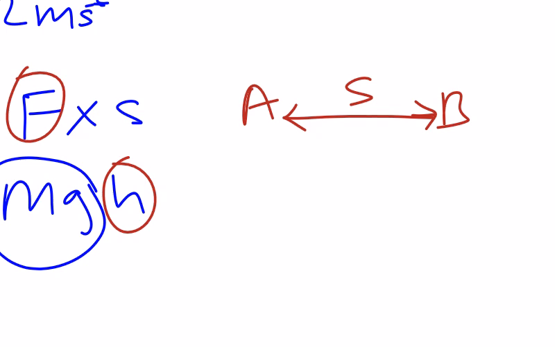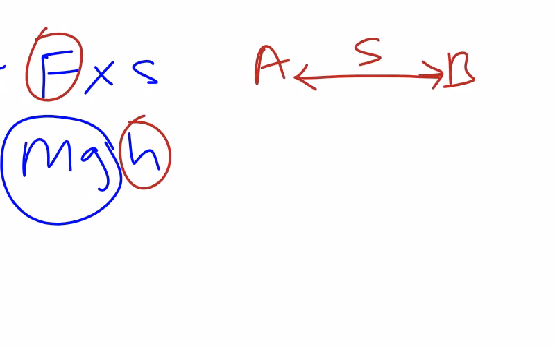From point, let's say, D to C, we have vertical distance, going from bottom to the top, or from top to bottom. So this is the vertical direction, assuming something is falling from a building far above the ground level.